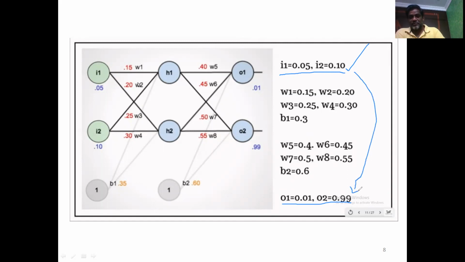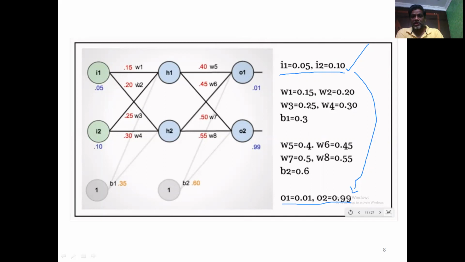Now let us see whether these weights which we took at initial configuration are producing the target outputs whenever I submit this input. If they produce the target outputs directly, then it means your model is ready to use for predictions.